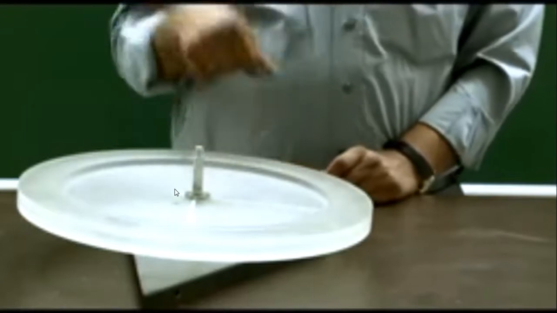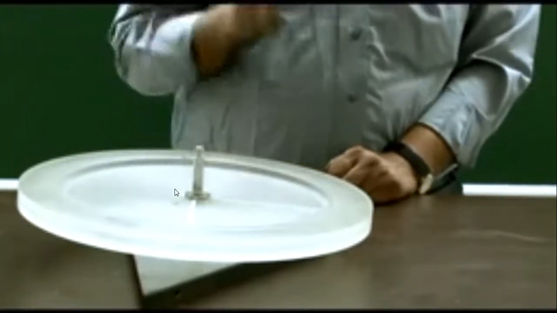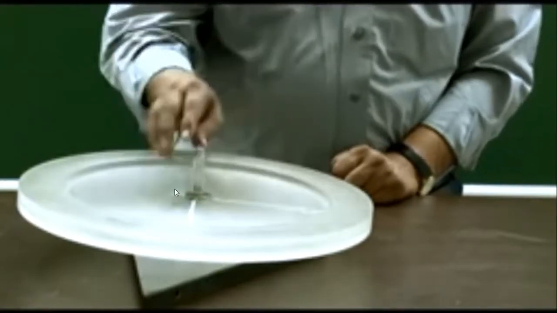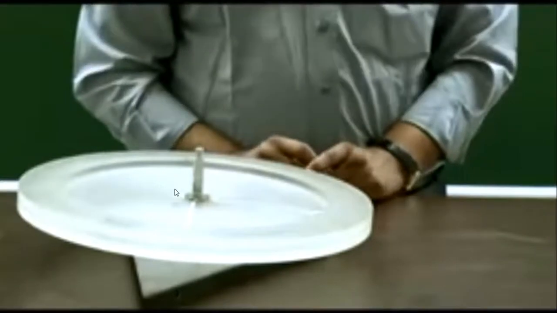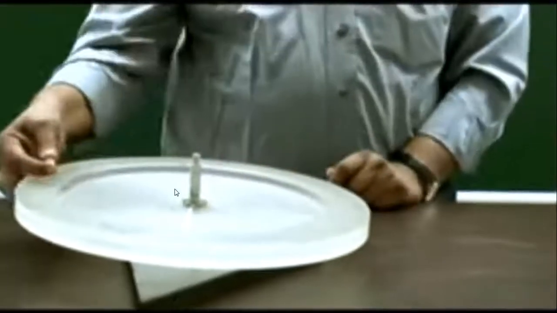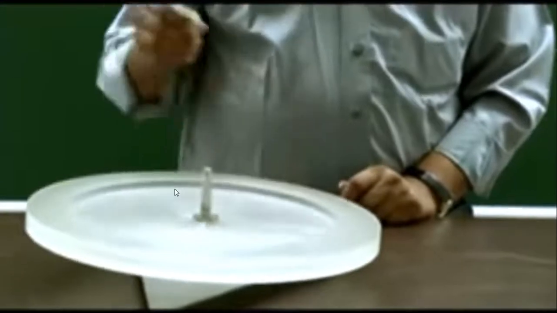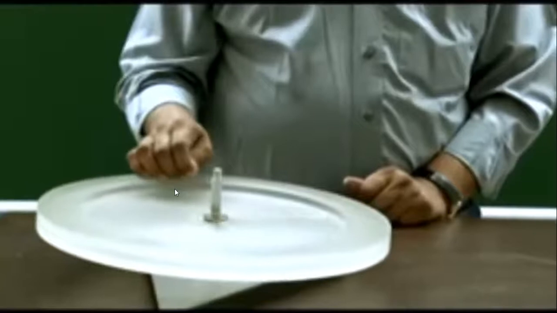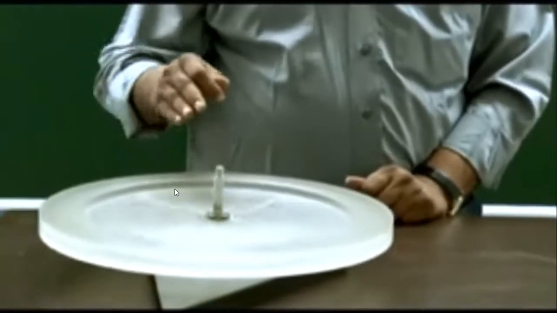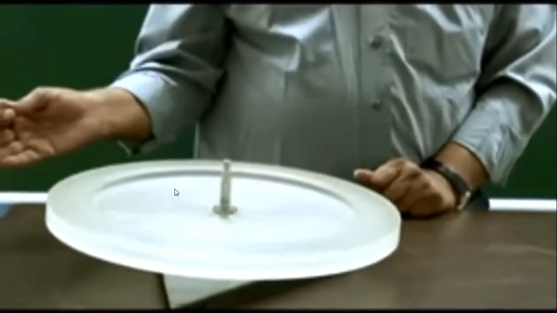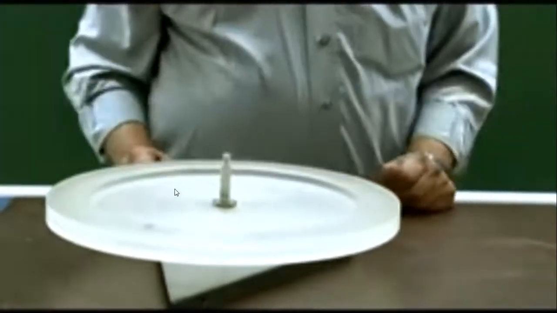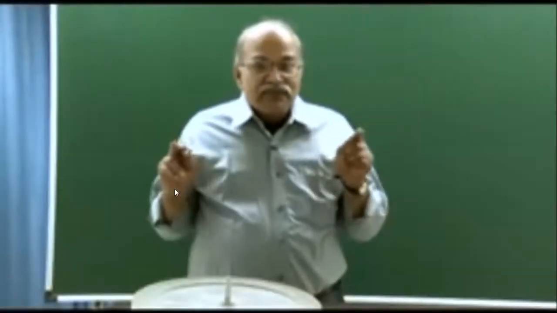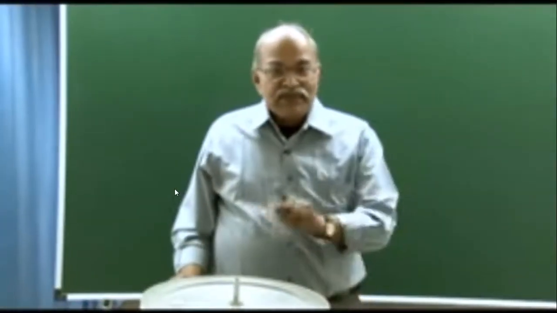So, if I want to use Newton's laws, I will say that a pseudo force acts in this rotating frame, and that pseudo force is away from the axis, and that will happen in all rotating frames. If you do the dynamics of a particle from the rotating frame, there will be a force away from the axis of rotation, and that force is known as centrifugal force. So, what is the magnitude of this centrifugal force? Direction we have worked out.